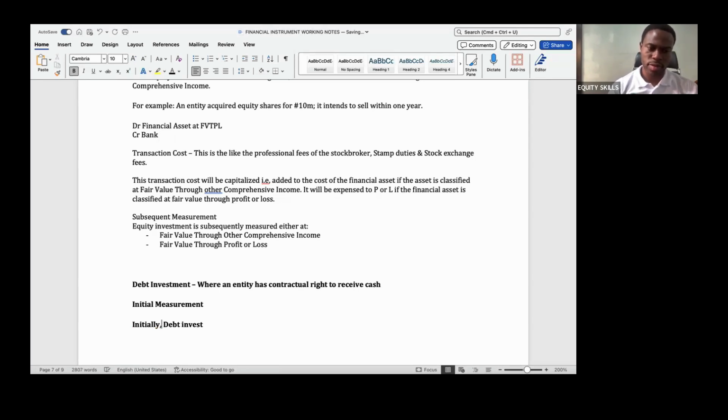Initially, debt investment is measured at its transaction price, similar to equity investments.